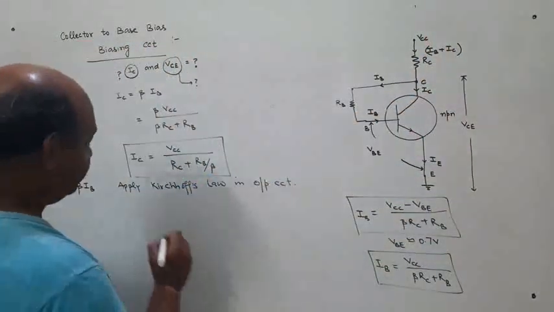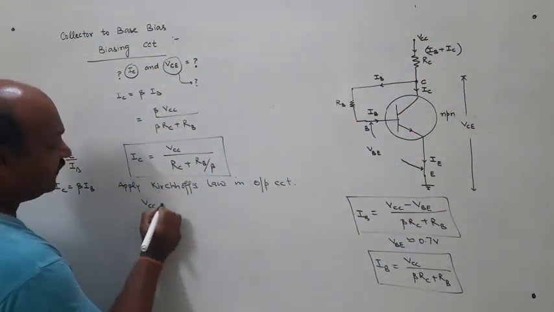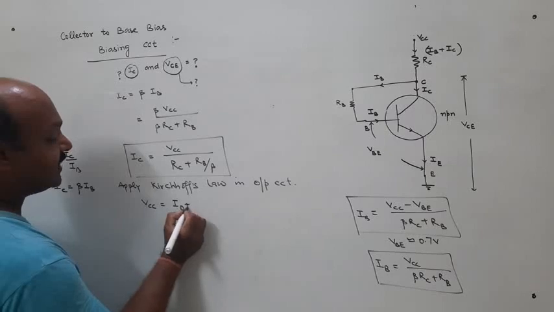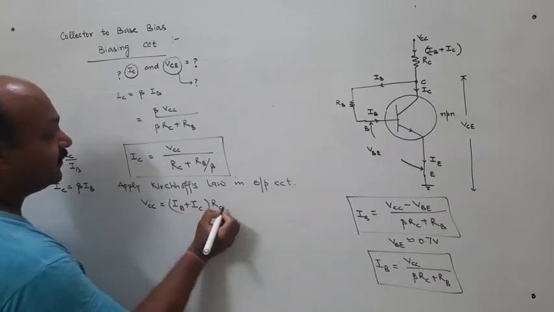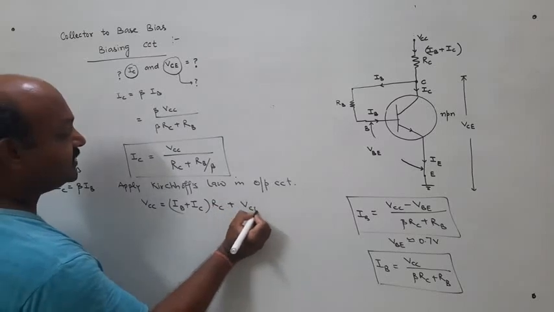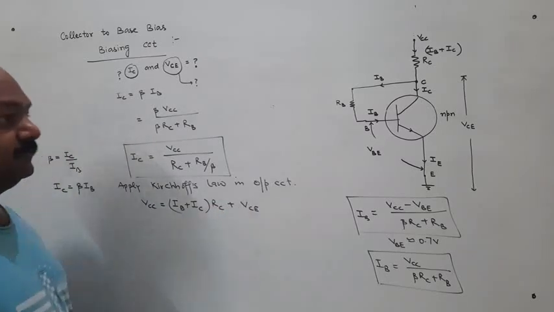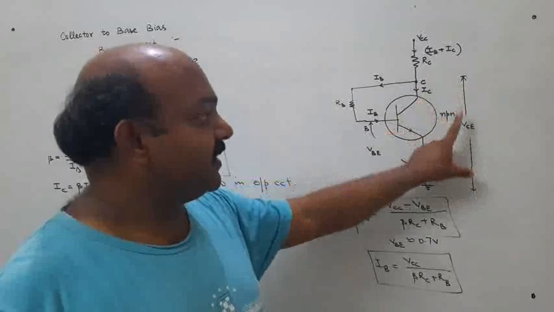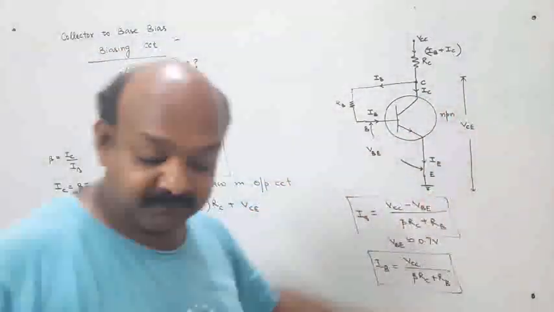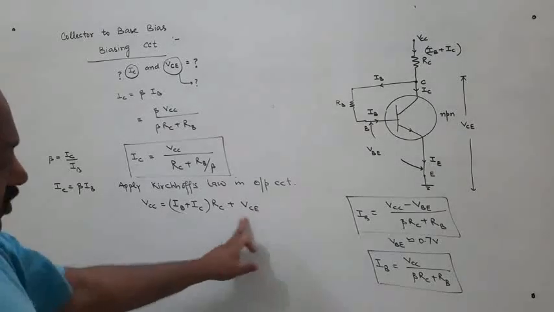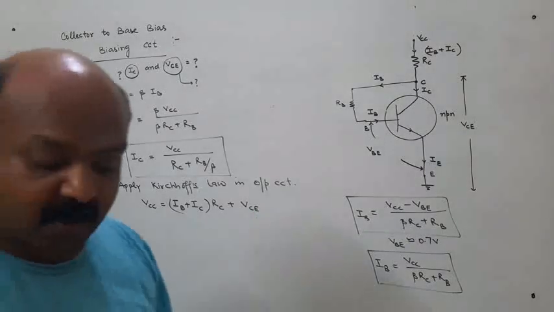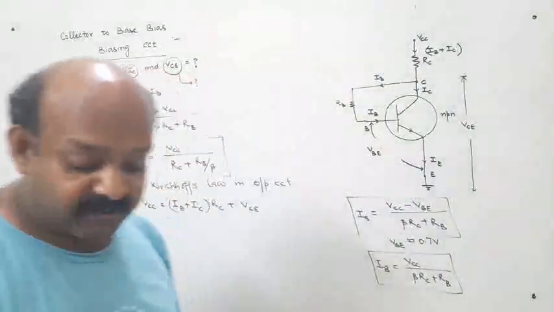So it will be VCC equals (IB plus IC) current into resistance plus VCE. Current into resistance plus this potential difference. So this is Kirchhoff's law for the output circuit.